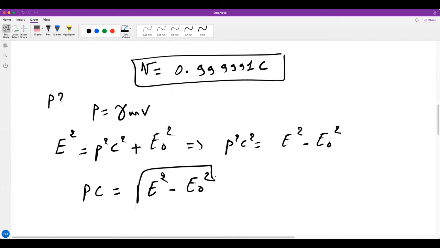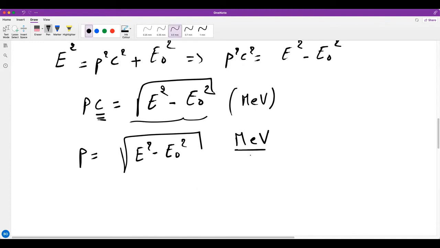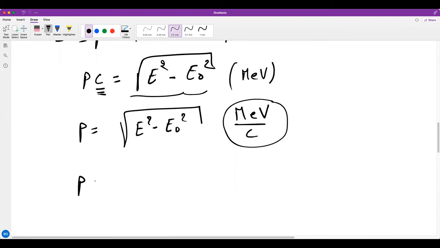Now, this quantity has a dimension of energy, which will be in MeV if we convert everything to MeV. This means that pc will be the square root of E squared minus E0 squared, and then the c is brought into the unit, so the unit of the momentum is MeV per c.